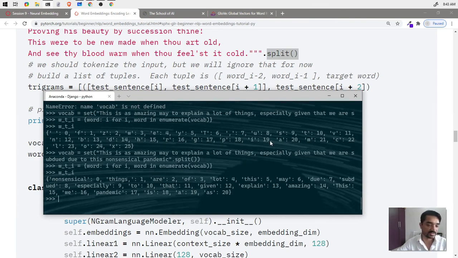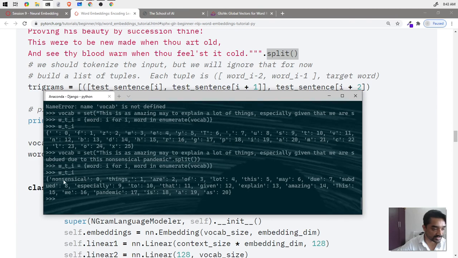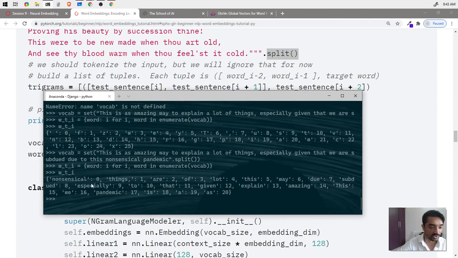The split actually makes sure that everything is sent to a different location, and you can see that, okay, "nonsensical" is given 0. Yeah, dictionaries are not in order, so this is not going to be in order also. Right? So this is what has happened.